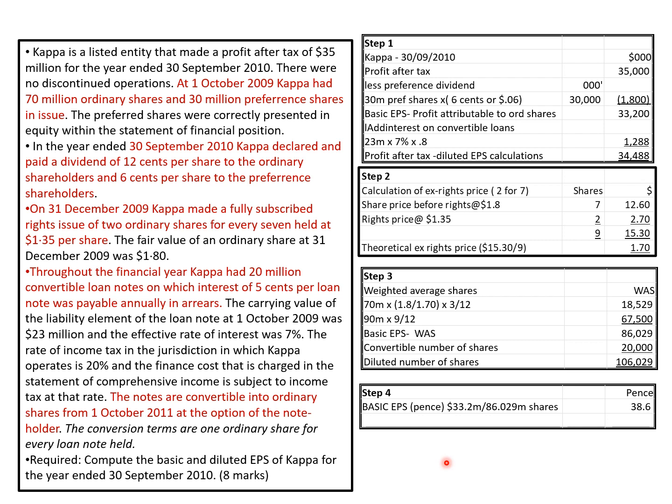So the last part is to actually work out the diluted EPS, which is to take the 34,488,000 profit divided by the diluted number of shares, and that gives us a diluted EPS of 32.5 pence.